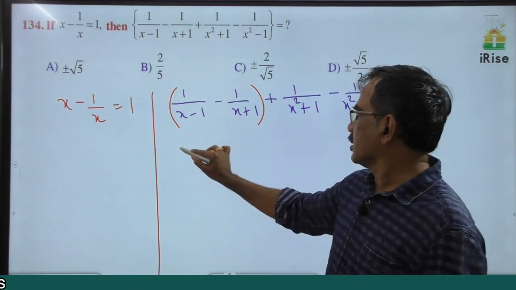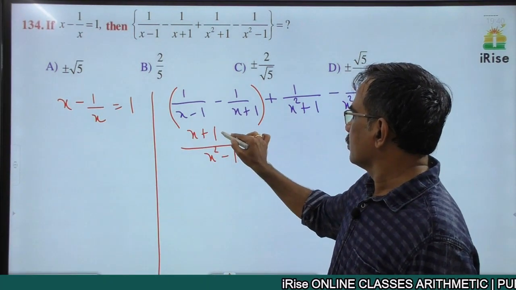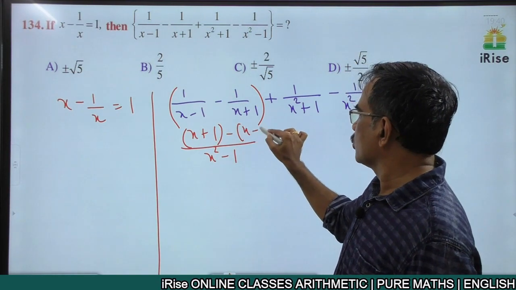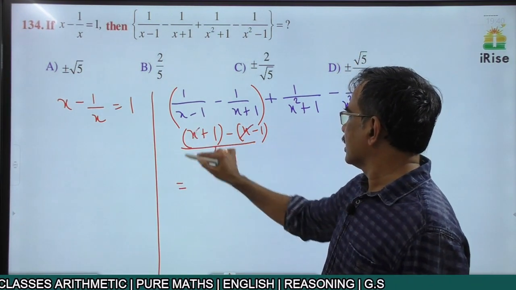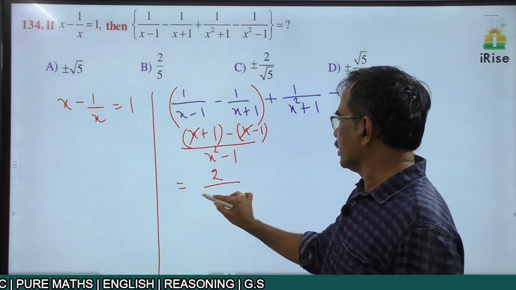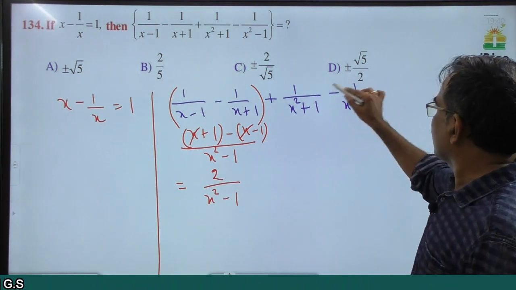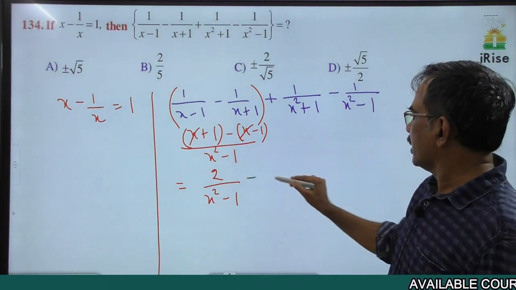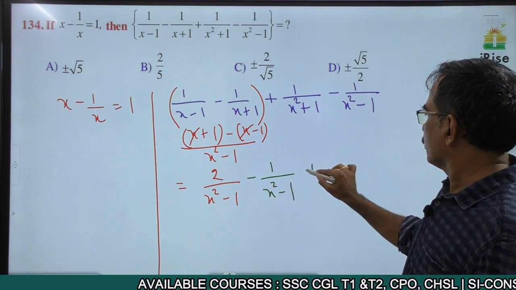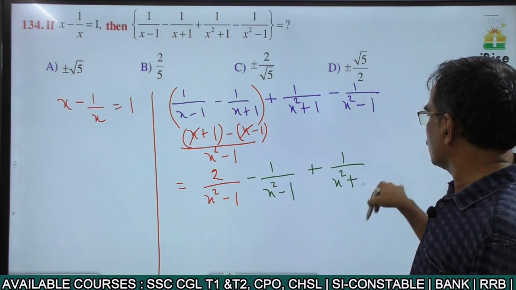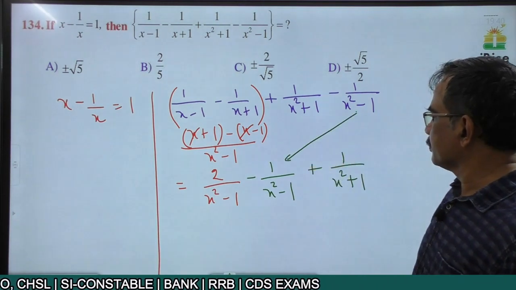This is nothing but, LCM is x square minus 1, x plus 1 minus x minus 1. So this is nothing but 2 by x square minus 1. I want to write this one next, minus 1 by x square minus 1 plus 1 by x square plus 1.